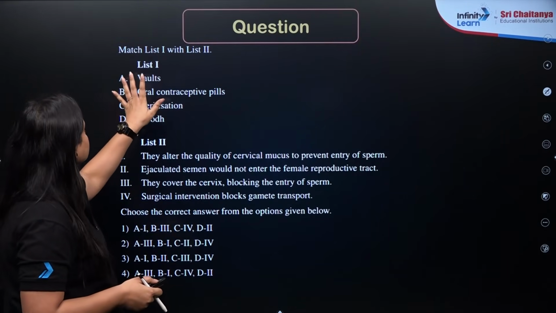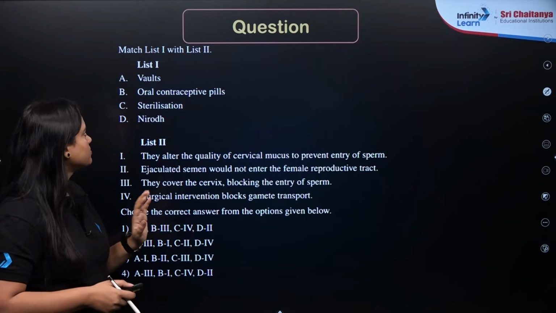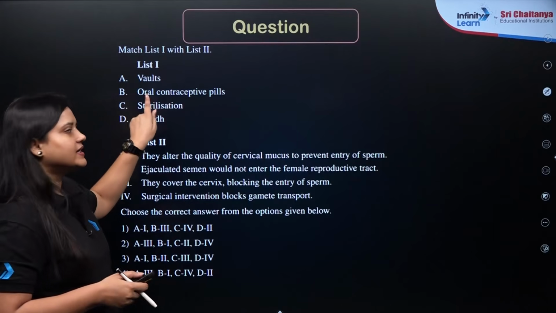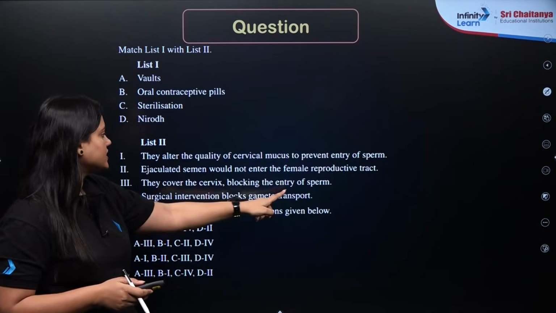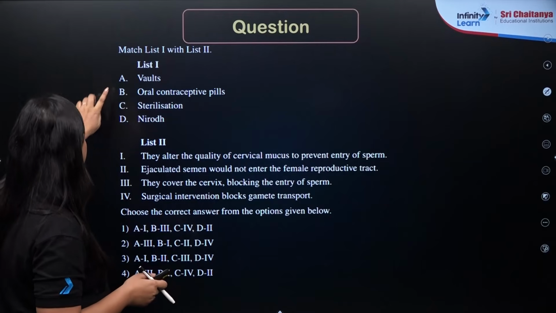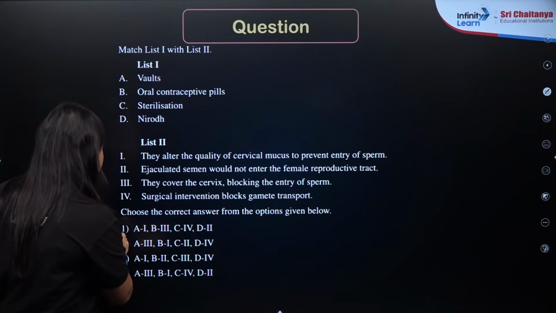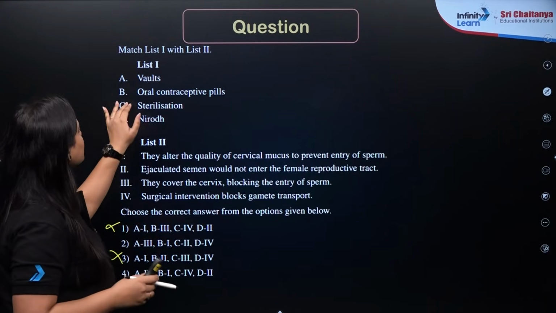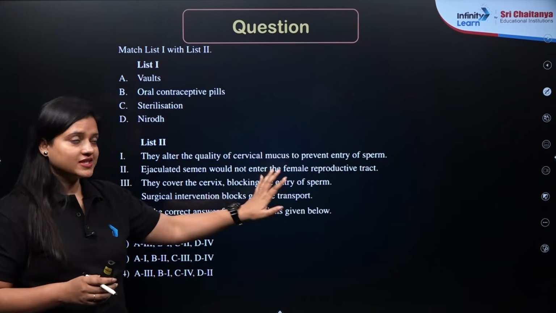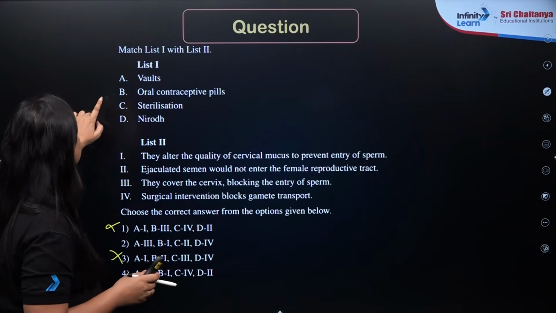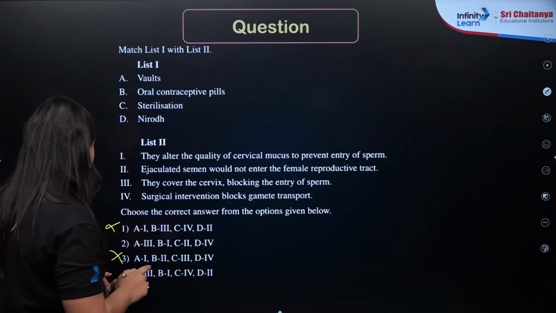Now list 1 and list 2 needs to be matched. So what are walls that are barrier method of contraception? So they cover the cervix, blocking the entry of sperm. So A is matched with 3, right? Then coming to oral contraceptive pill, they alter the quality of cervical mucus to prevent entry of sperm. That means B is matched with 1, right?